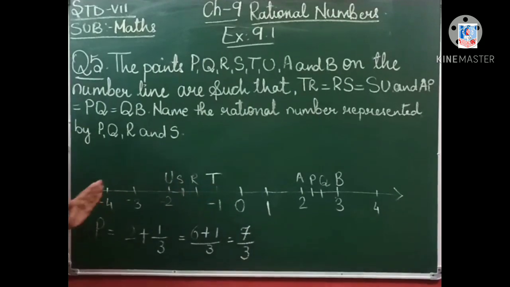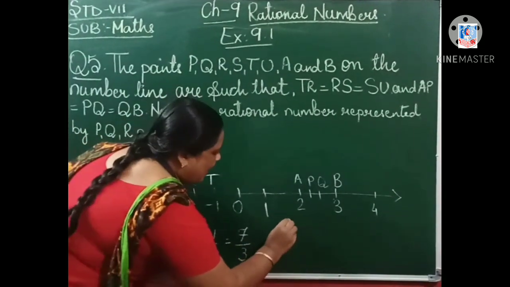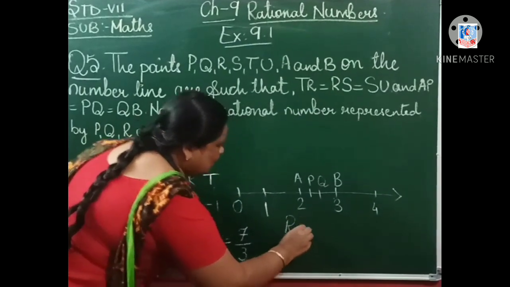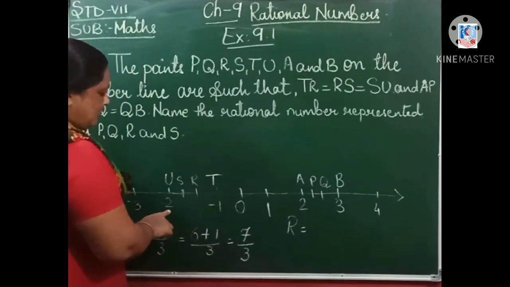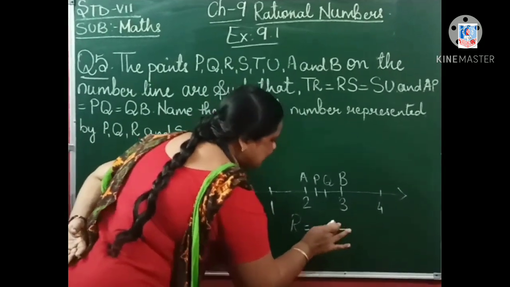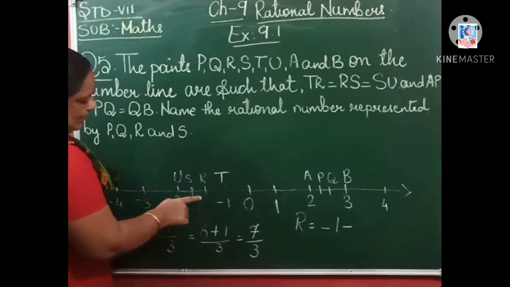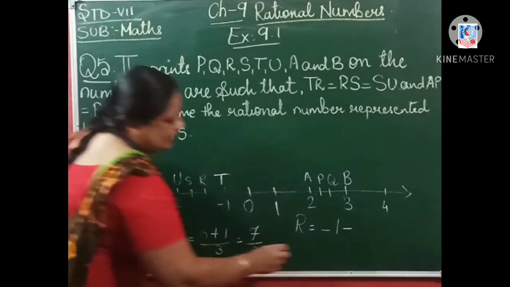Now see, R is on the negative side. Same way, R is between minus 1 and minus 2. So minus 1 minus, see here also 1 by 3, 3 parts equally divided.